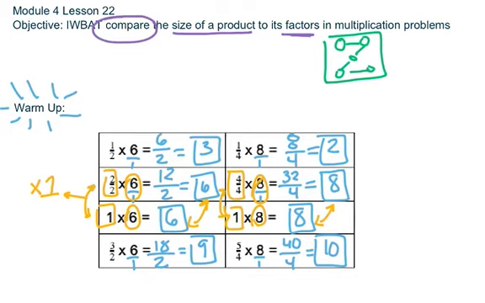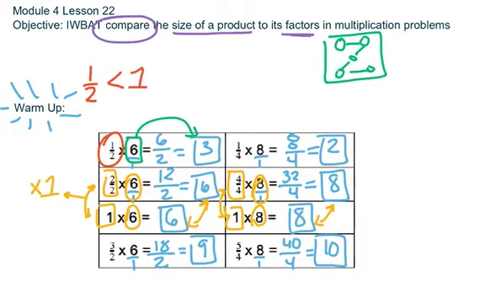Now, I want to move to the top row. When I look at the number 6, and I look at the product, it is 3. And so 3 is less than 6, and the reason why is we multiply by 1/2. 1/2 is actually less than 1.